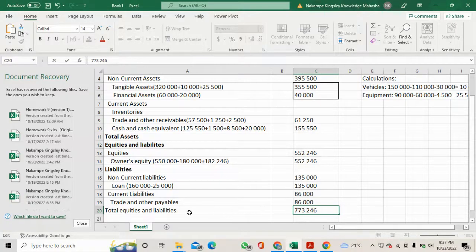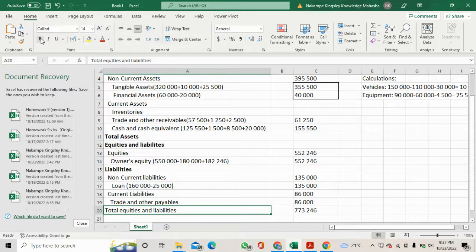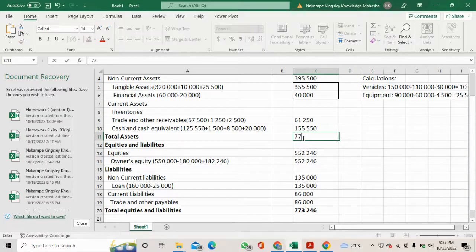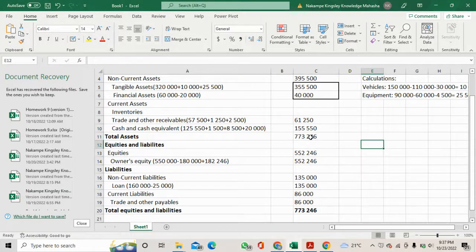Remember, the balance sheet must equate, because the balance sheet just represents the accounting equation, right? The accounting equation says our assets are equal to liabilities plus owner's equity. So that is what happens here. You take your total equities and liabilities and equate them to your total assets.